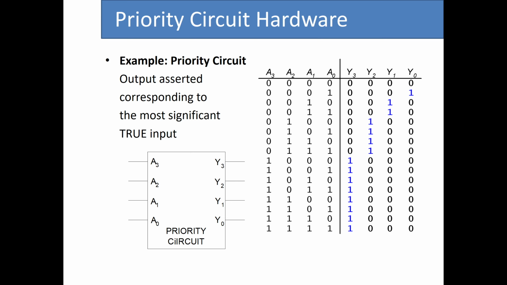When you are giving priority to bits from A3 to A0, whenever A3 is 1, the values for A2, A1, and A0 do not matter. Or whenever A3 is 0 but A2 is 1, the values for A1 and A0 do not matter. That is something you can use, this redundancy, to shorten the length of this truth table.